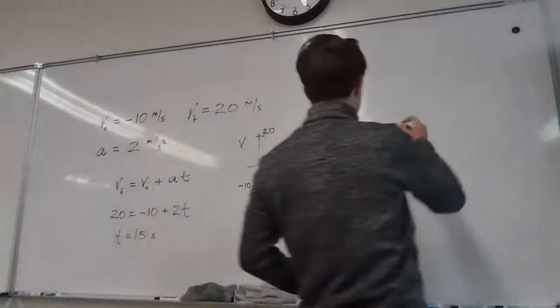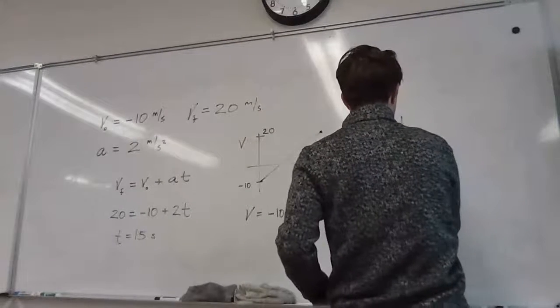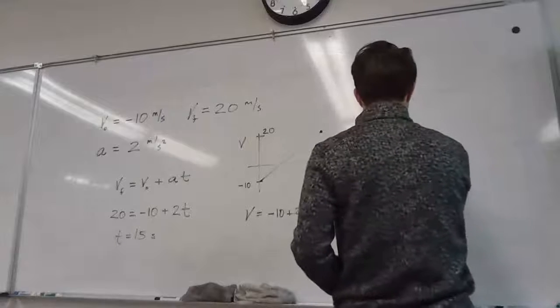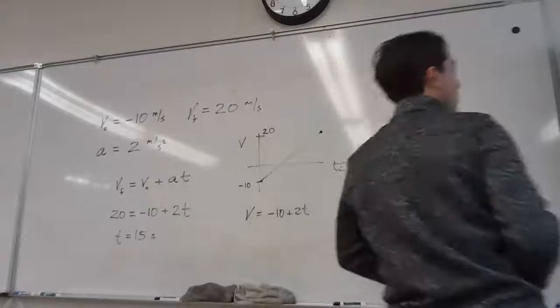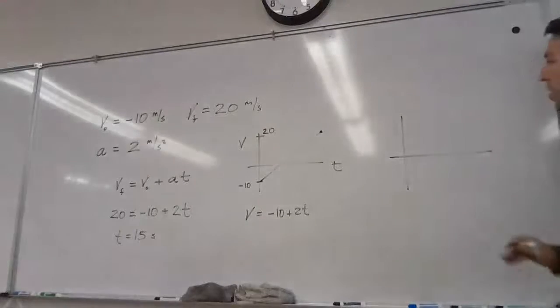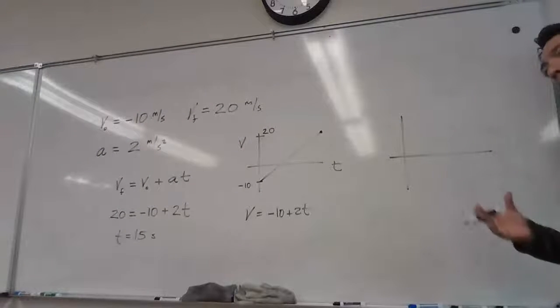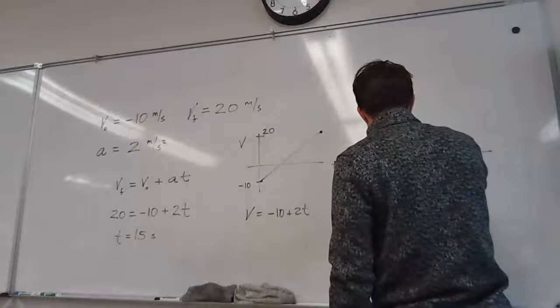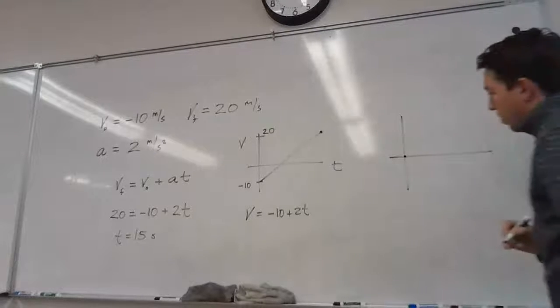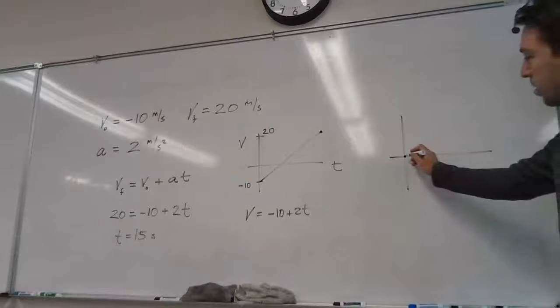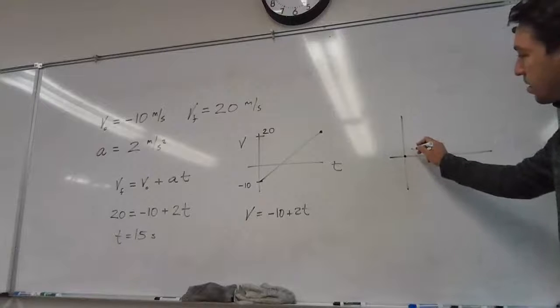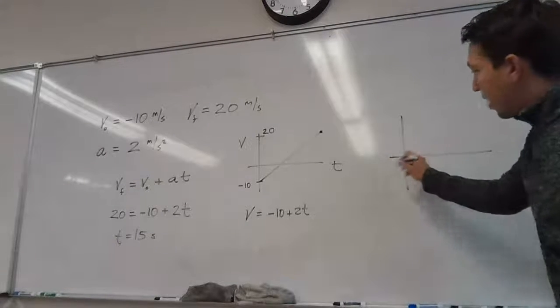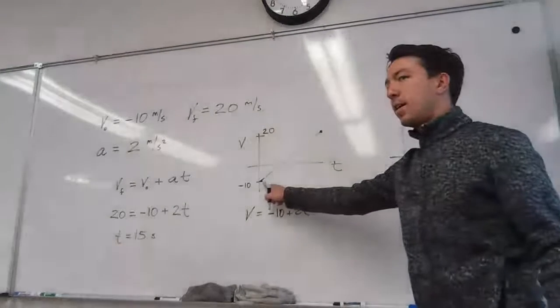And then the position graph is another interesting one. Where you started is arbitrary, but we typically want to start at the 0 position. So does the slope start off negative or positive? Negative, because the velocity is -10.